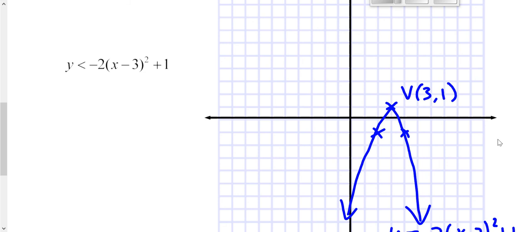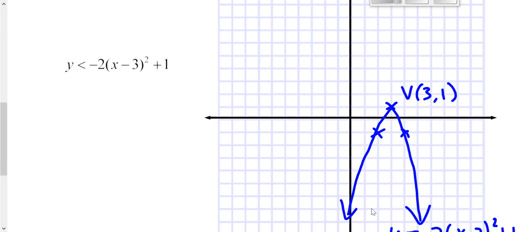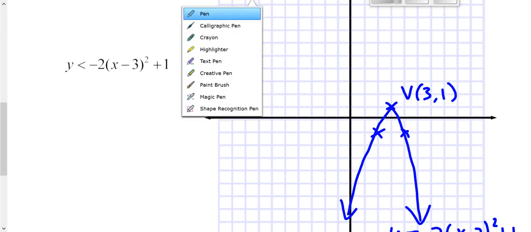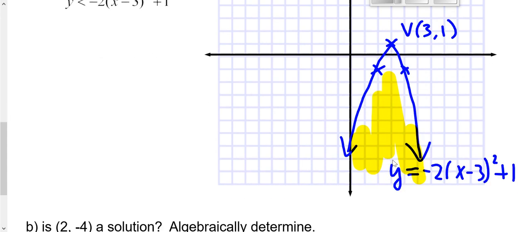Anything here is greater than, above. Anything here below the graph, under the graph, is less than and below. So therefore, in this case, we are going to shade this region here, all the way to infinity, like this.